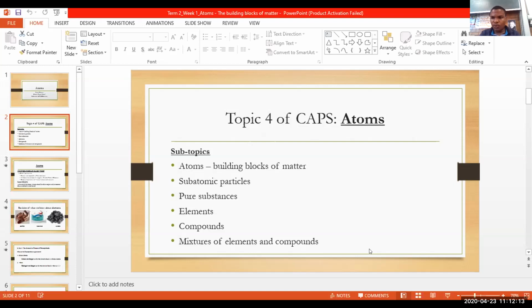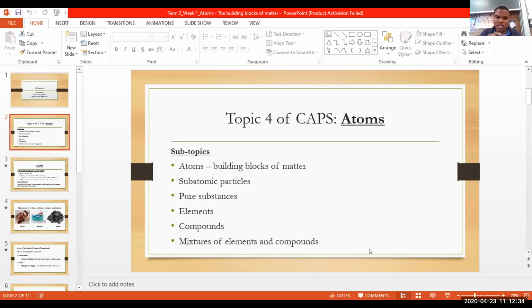So we are also first going to define matter, look at what is matter, and in our process of defining matter, we'll also look at some of the things that you've learned in the previous grades, in particular grade 7. We'll also look at the subatomic particles, which are actually the parts that make up an atom.